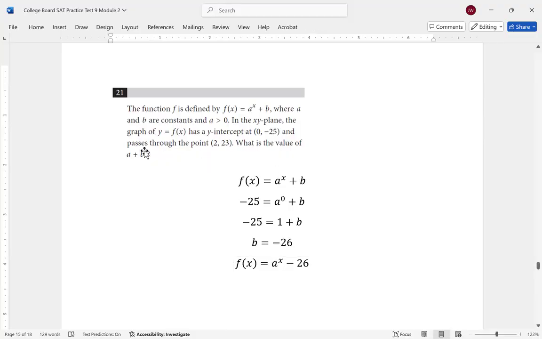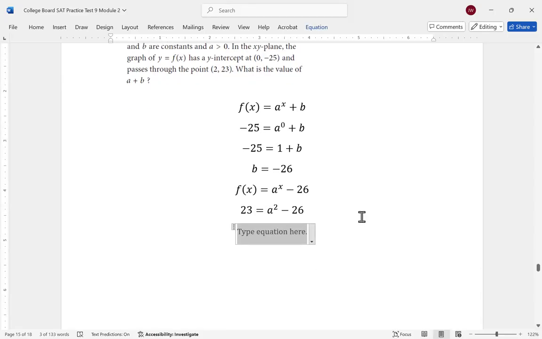Now I know that this function also passes through the point (2, 23). That means the output is going to be 23 when the input is 2. So I can solve for a here.